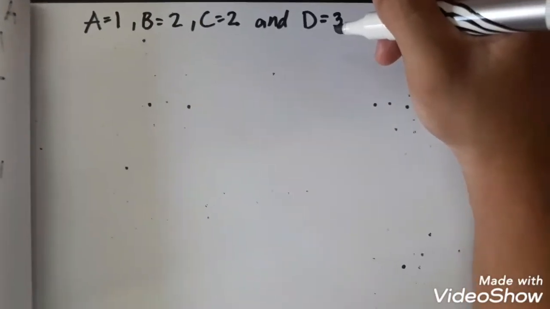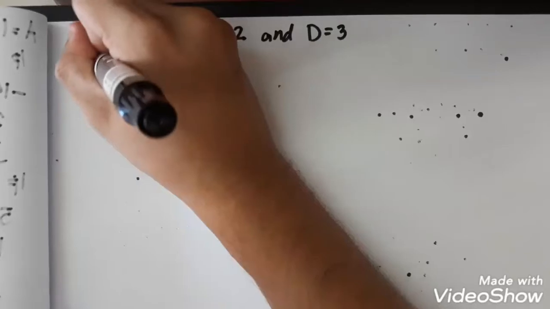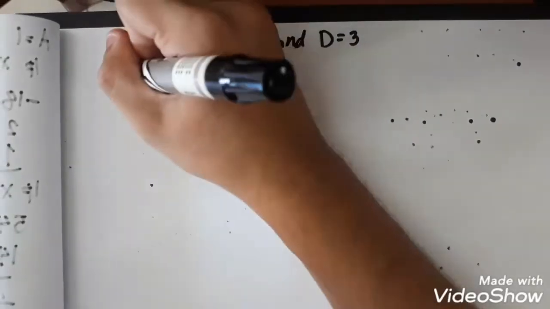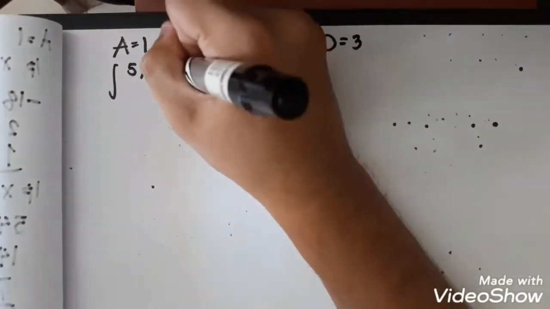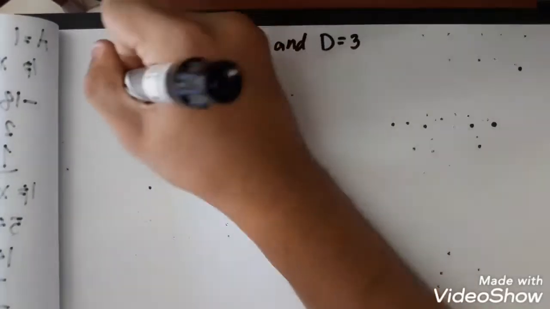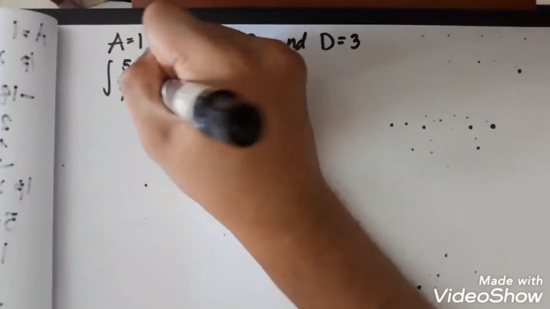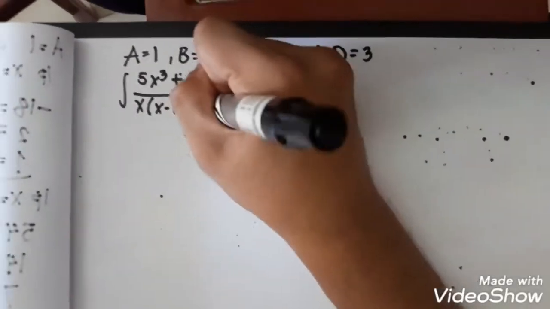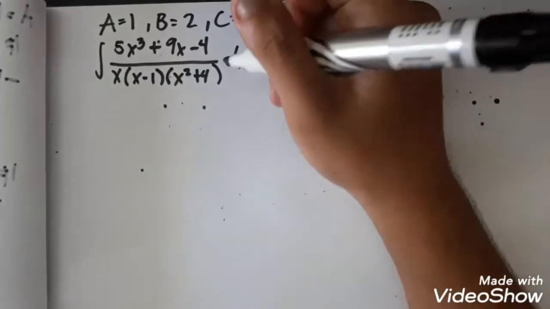You can split up the original integral into 3 pieces. So the original integral is the integral of 5x cubed plus x minus 4 over x minus 1 times x squared plus 4 dx.